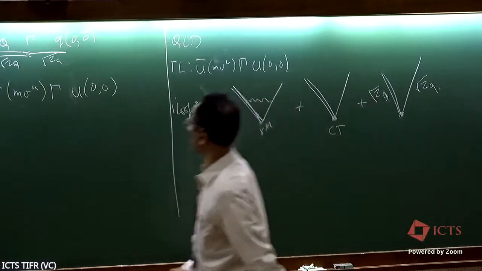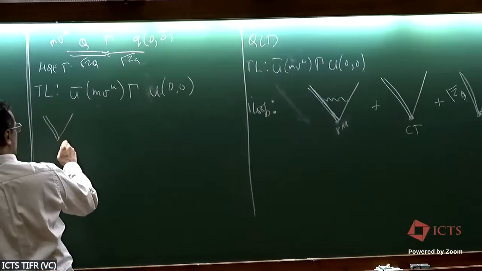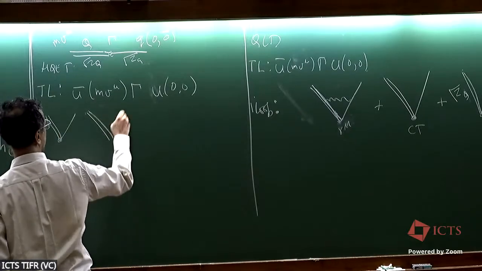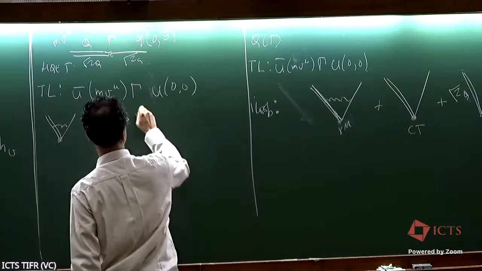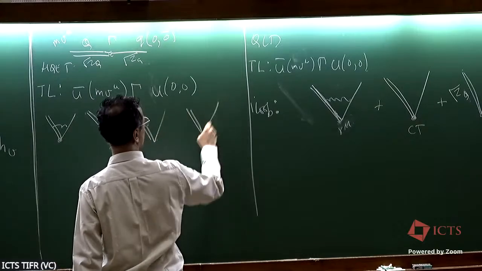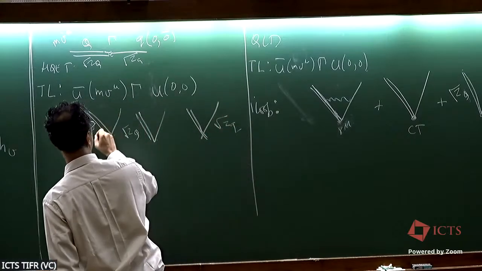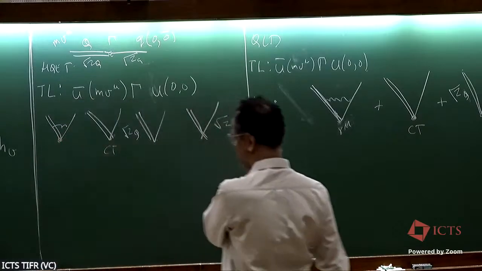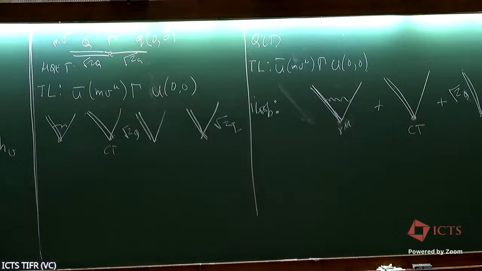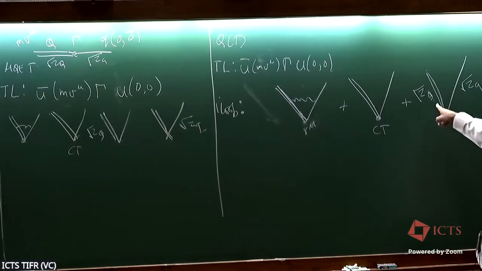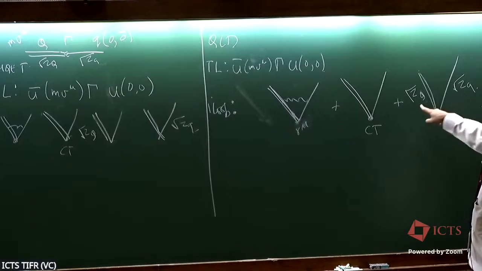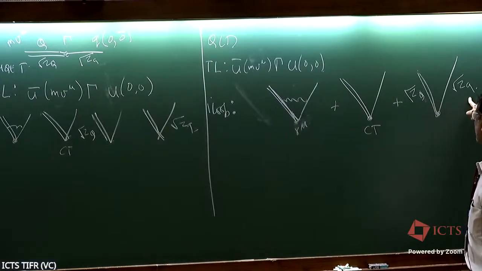Okay. Actually, the diagrams are the same in both the theories. The evaluation is different in the two theories. Because, for example, in QCD, when I do DIMREG, the mass won't really play a role, and ZQ will be the same as this.